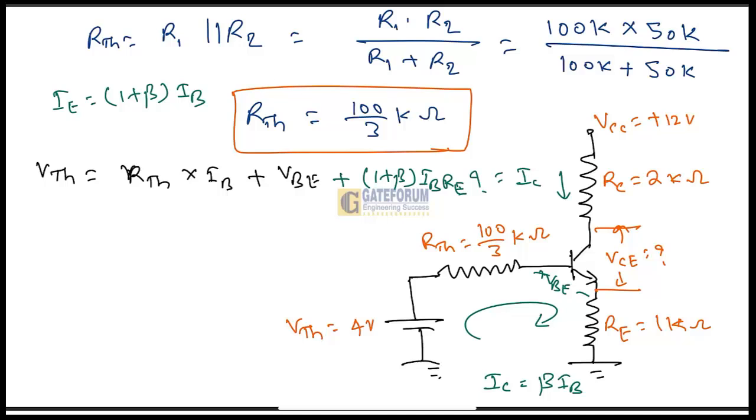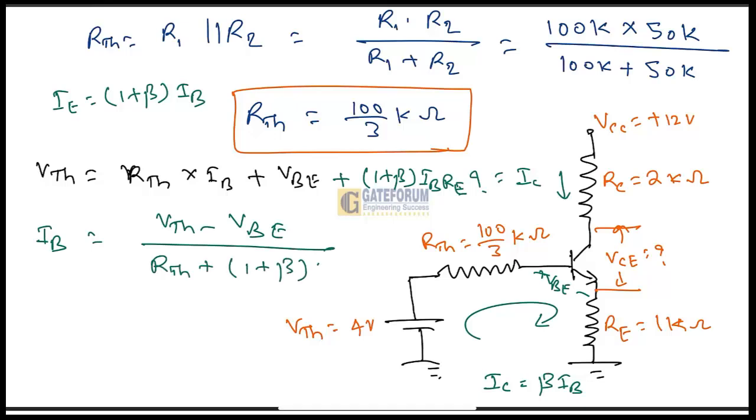So from here we can separate out this IB. So what will be this IB? This IB is equal to VTH minus VBE divided by RTH plus (1 plus beta) times RE.